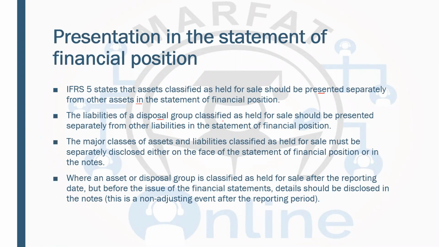The liabilities of the disposal group classified as held for sale should be presented separately from other liabilities, because when we are disposing a group of assets or a disposal group, and if it has liabilities attached to it, not only do we transfer the asset, we also transfer the liabilities associated with it. So just like we are disclosing the assets separately, the liability should be disclosed separately as well.